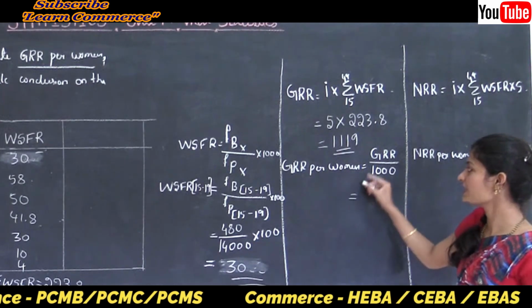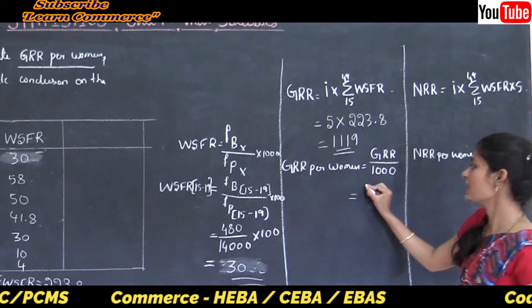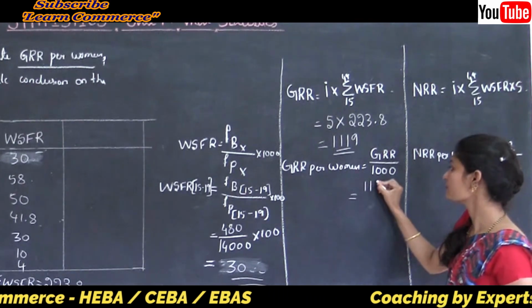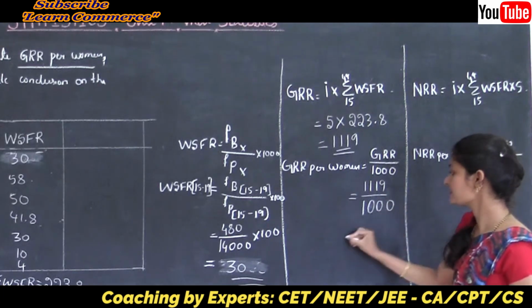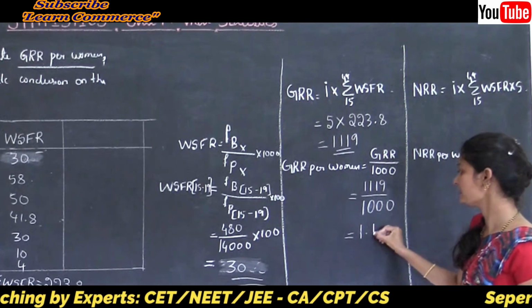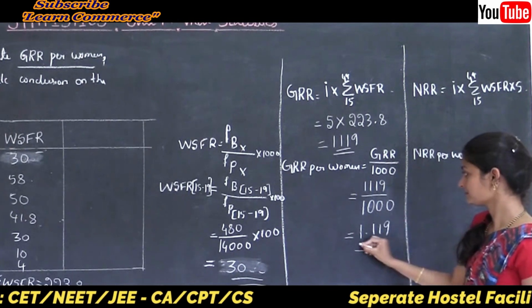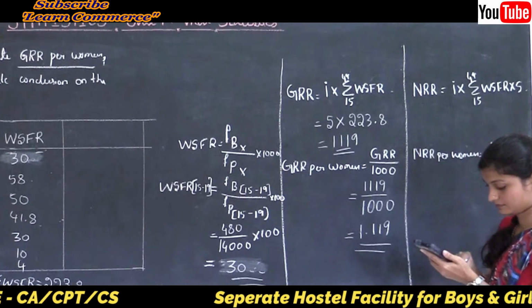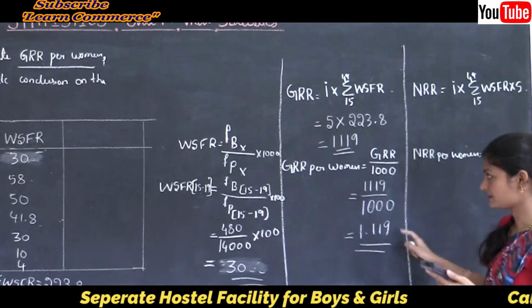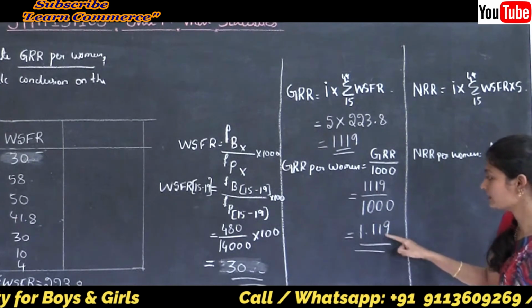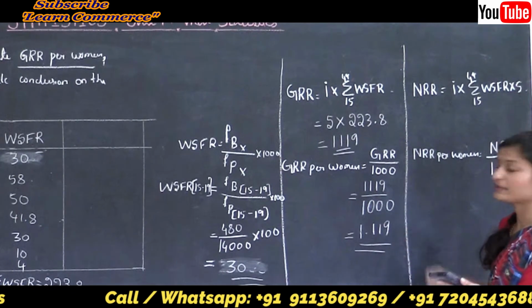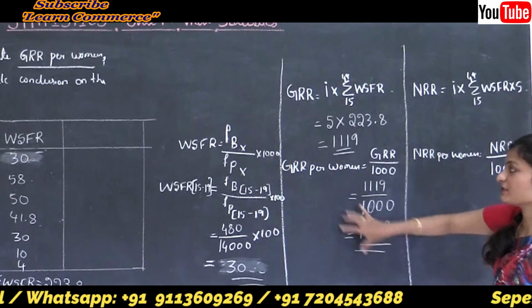So GRR per women is equal to 1119 divided by 1000, we can write 1.119. Here GRR per women is 1.119 female babies. This is the answer for GRR per women.